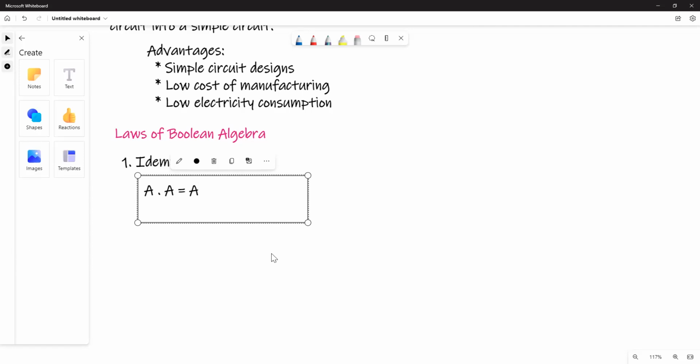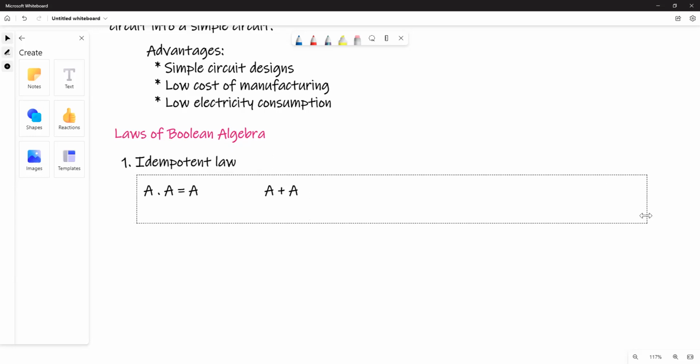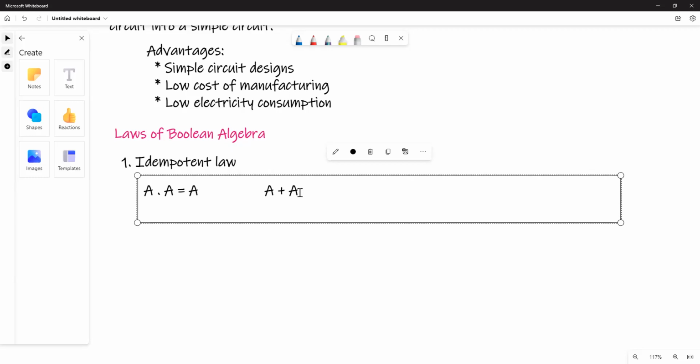Similarly, we can write a couple more like this. And we can say A plus A, that is also A. Can you draw the truth table and verify this?